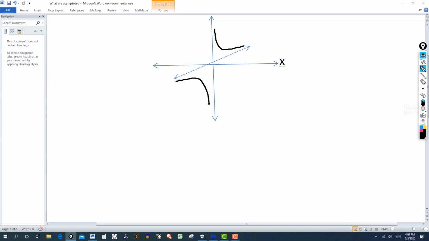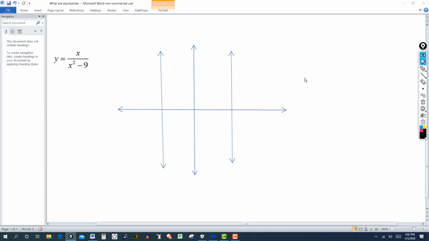Okay, so let's clear this. So one example that I have here, if I look at this rational function right here, notice that, just to show you, when x is equal to 0, I have 0 divided by -9, so I get 0.